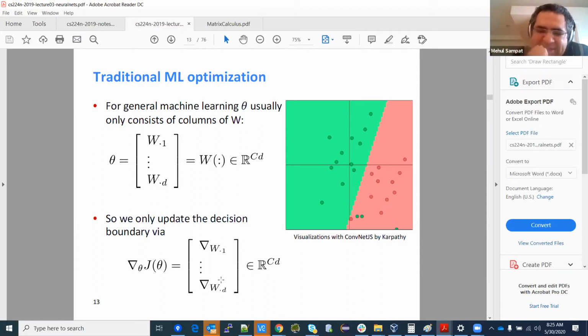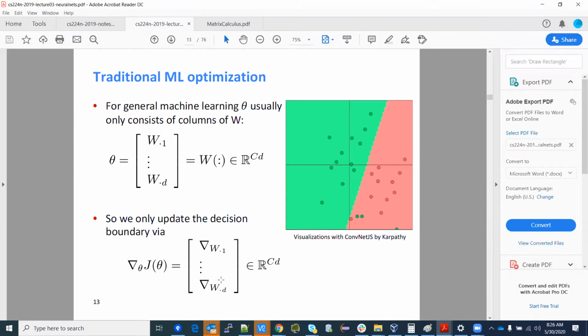Because at the bottom, the formula is the gradient of W1 and the gradient of W2, as far as I understand it. So I don't know how that captures your decision boundary. Perhaps it's not important, but if you have an understanding, that would be helpful.